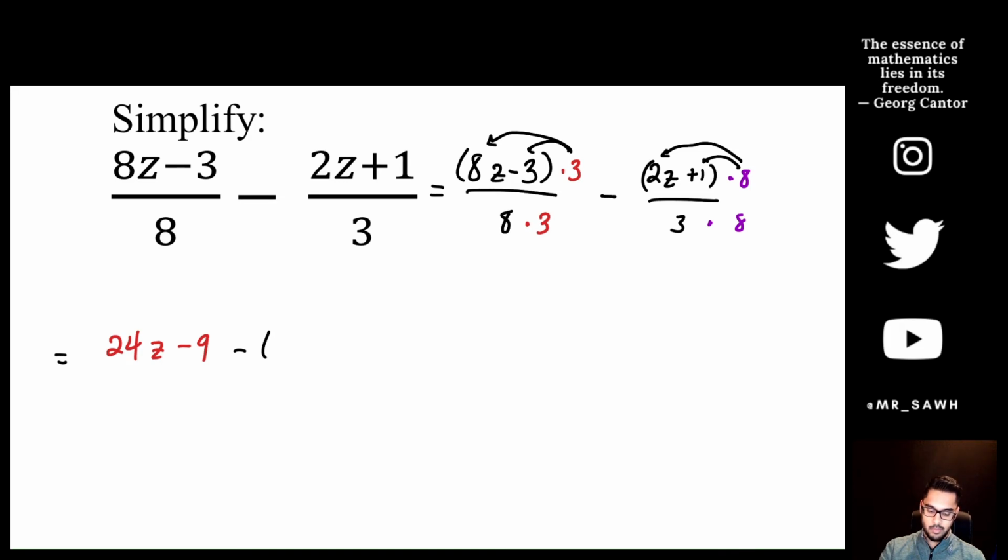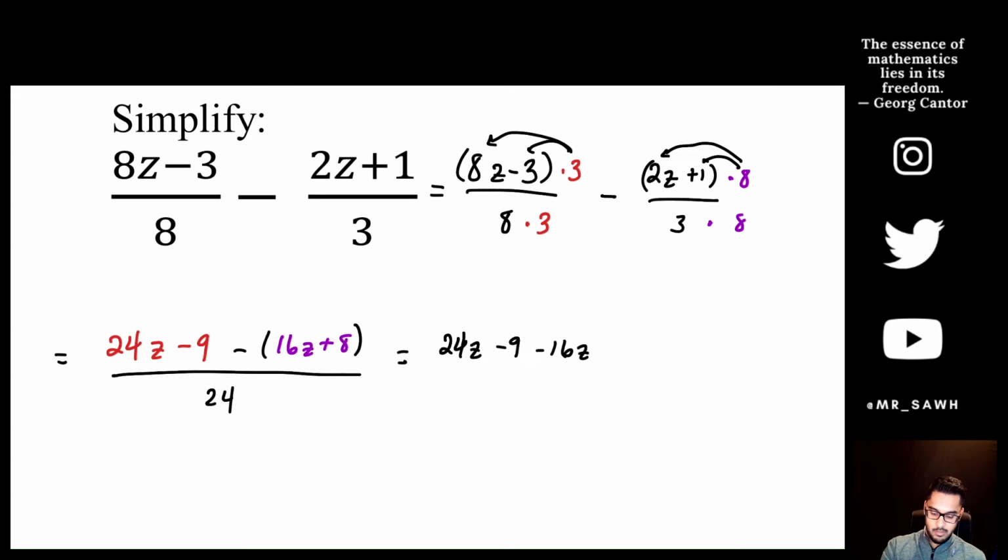So inside that set of brackets, we're going to have 16z plus 8. Okay, and our denominator of 24. Now we can start to simplify, so we can break that negative off that set of brackets, we can expand, and then collect our like terms. So 24z minus 9 minus 16z minus 8, whole thing divided by 24. So you'll end up with 8z minus 17 divided by 24.